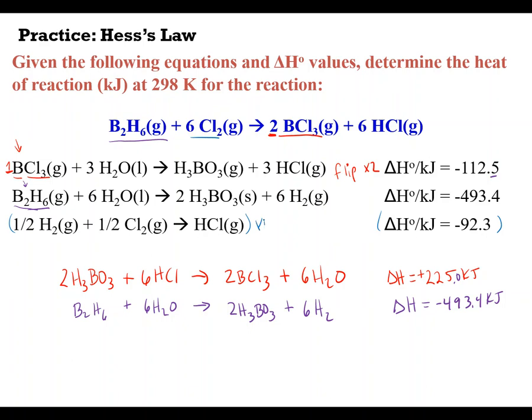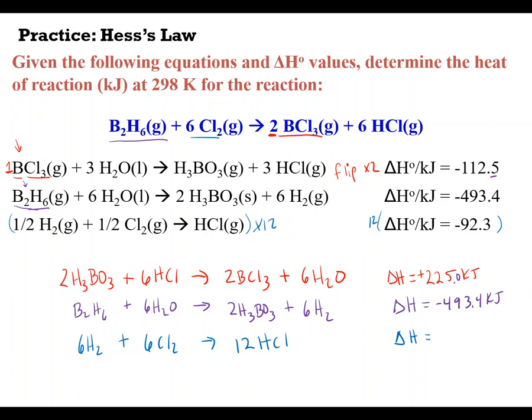Yes, it's going to have to be multiplied by 12 because this is 1/2 of the chlorine, so I need 6. So I'm going to multiply these by 12. So I get 6H2 plus 6Cl2 gives me 12 hydrogen chlorides. My delta H then becomes, I'm not flipping it, so I just multiply by 12.